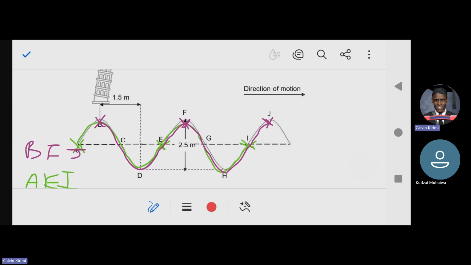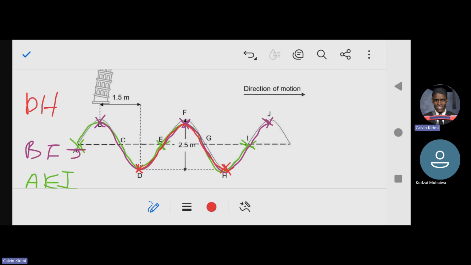Let's start at D. This is our D. From D, we go up. This is half an oscillation because I've gone up, then I come down. So D and H are in phase.